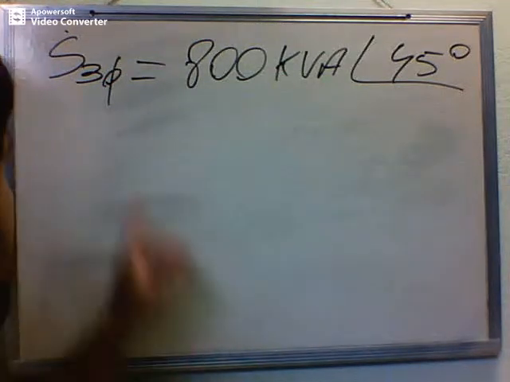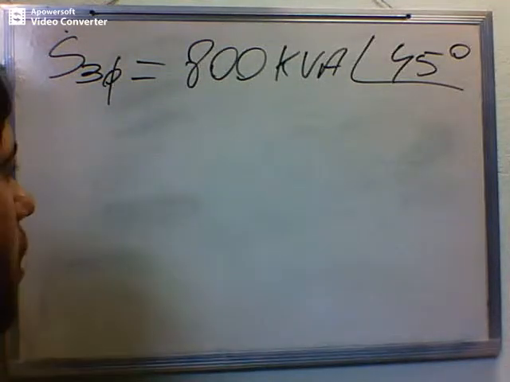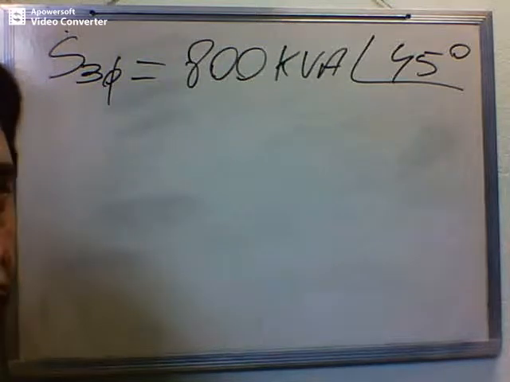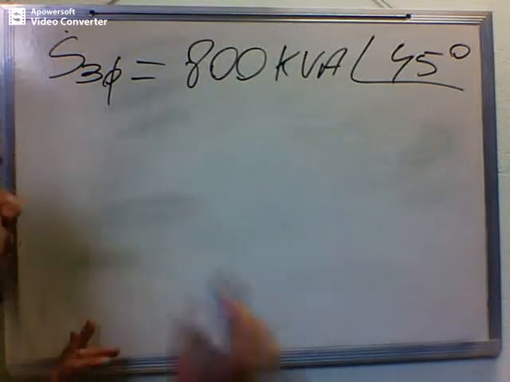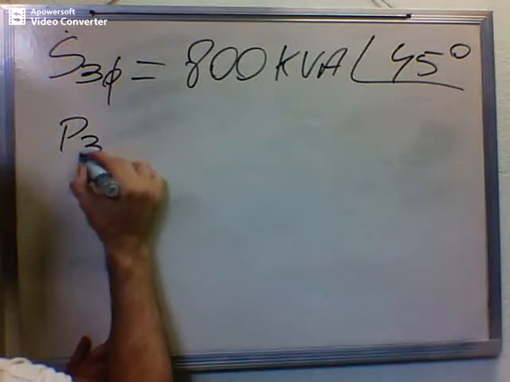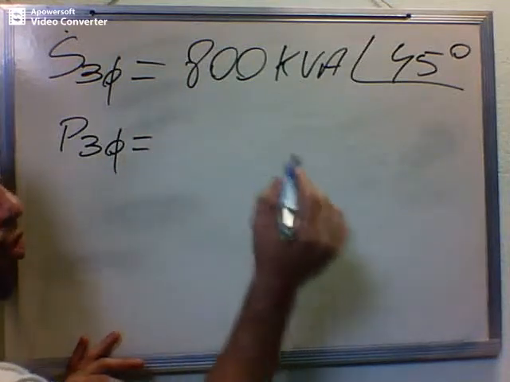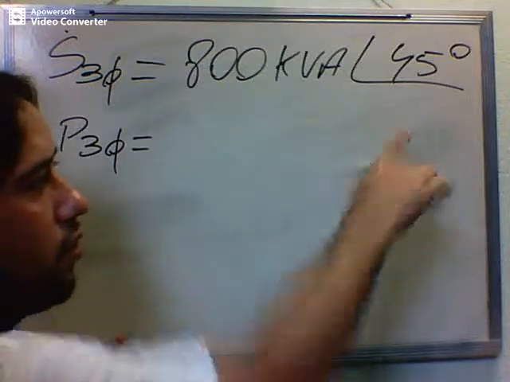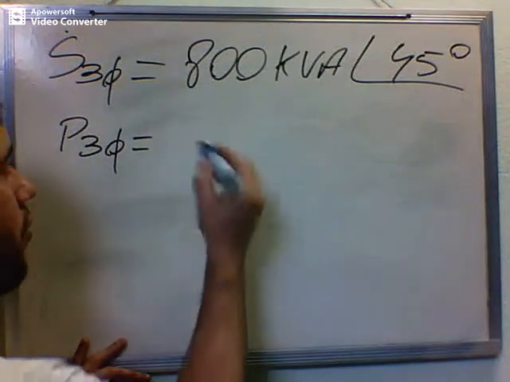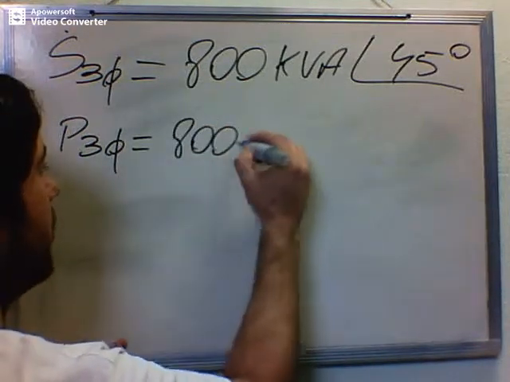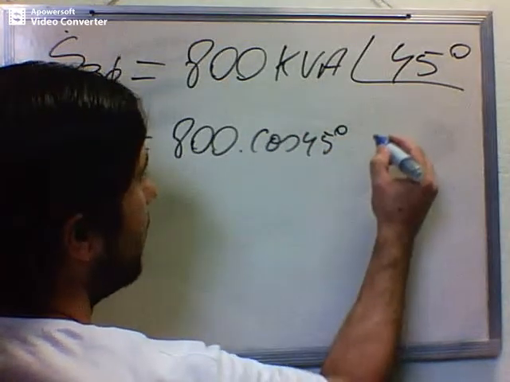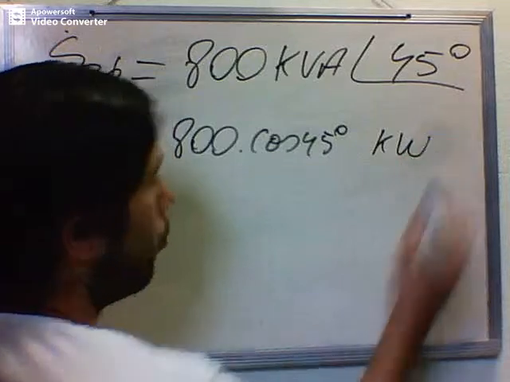All right, so we are going now to calculate the real power and the reactive power. The real power, P three-phase, is equal to 800 kVA times the cosine of 45 degrees. It's going to be 800 times the cosine of 45, and this is going to be in kilowatts.